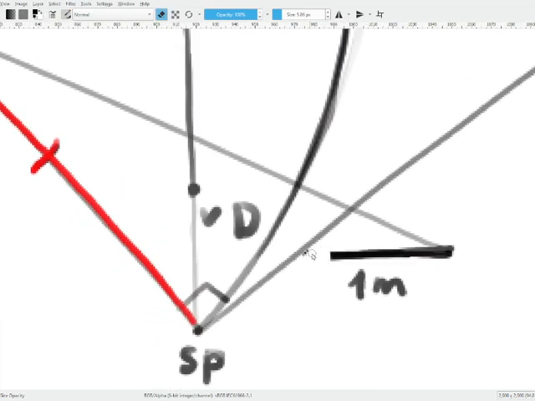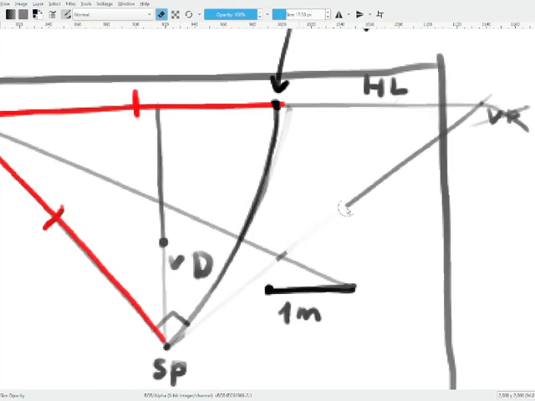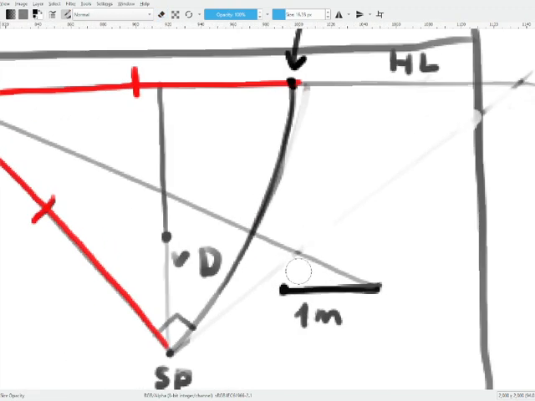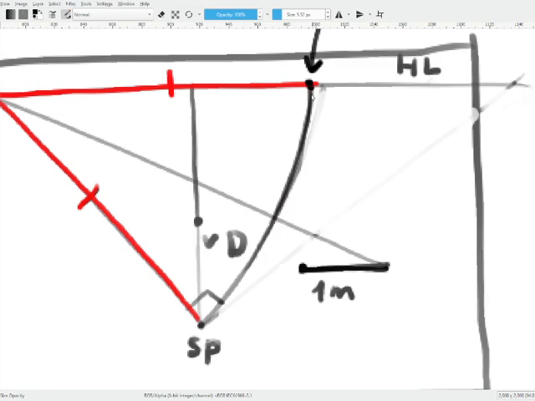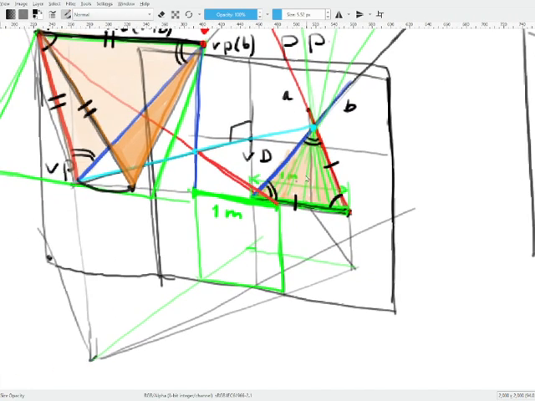Let's make it shorter, and let's just erase this line so it doesn't mess with our perception, because it was not actually needed in our construction. And now we can just draw a line toward our measuring vanishing point and obtain the required triangle, this triangle.